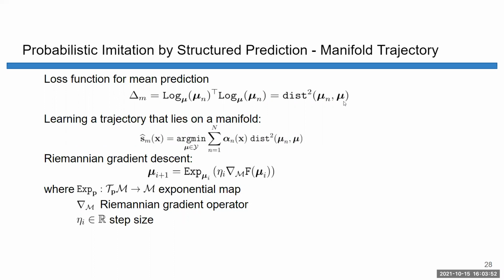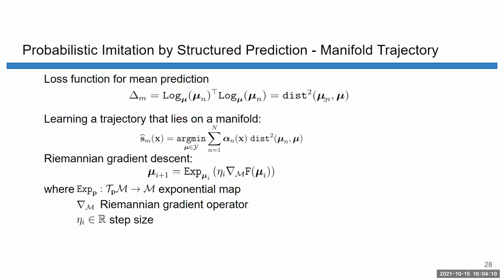Also for points on a manifold, it is possible to show that the geodesic distance between two manifold points conforms to the definition of the structure encoding loss function.